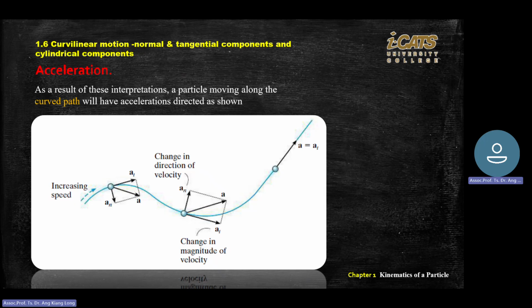Who doesn't understand why the arrow is like this and then the arrow is like this? Okay, first, do you understand where the tangent and normal directions are or not? Do you know how to derive this resultant arrow or not? Okay, recall your vector.